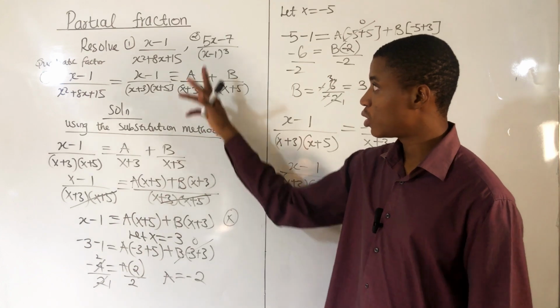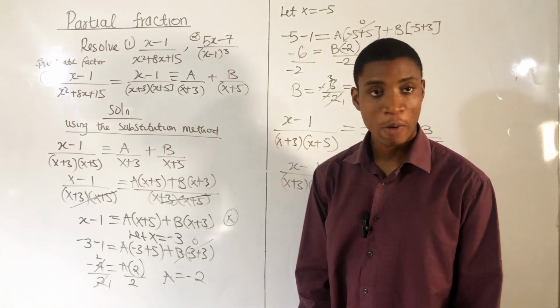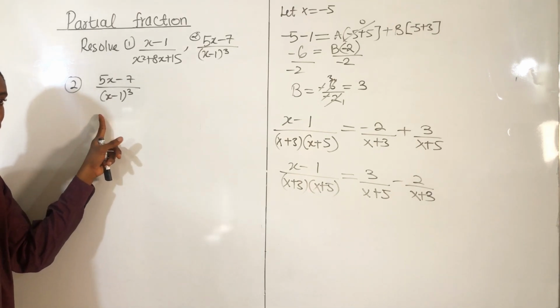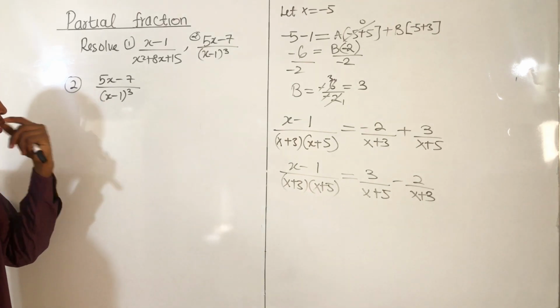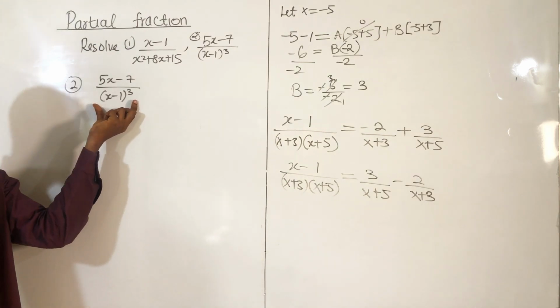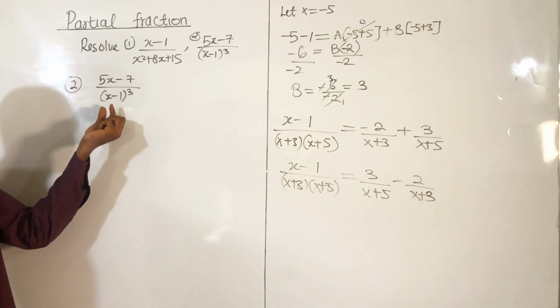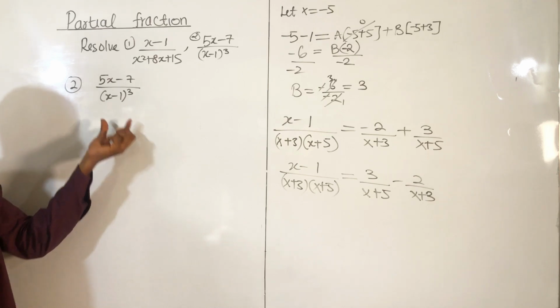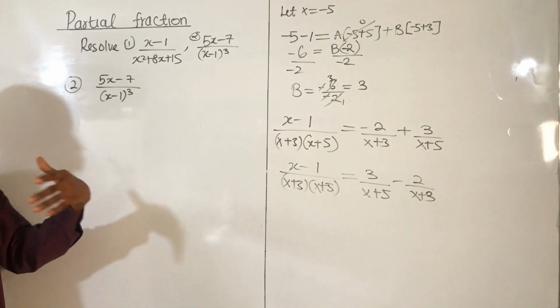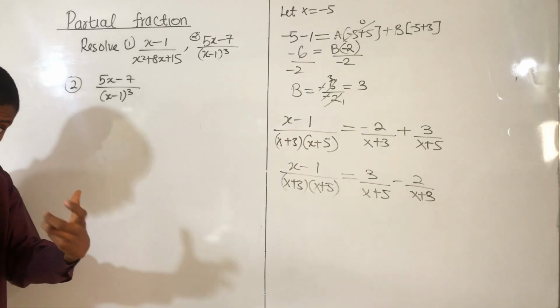Now let's jump onto the second sample problem I have given here. I lay emphasis on which type of partial fraction this is. Of course, look at the denominator. The denominator in this case is a repeated linear factor, in the sense that you're having x negative 1 repeating 3 times. I told you that if you have a case like this, you break this down into 3.